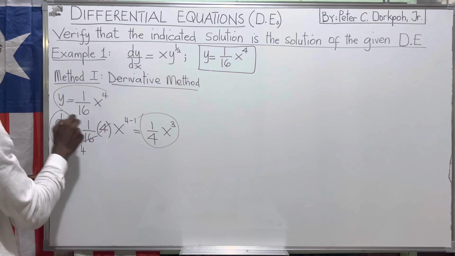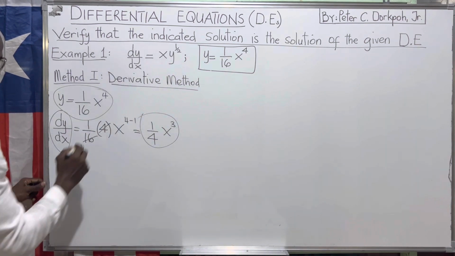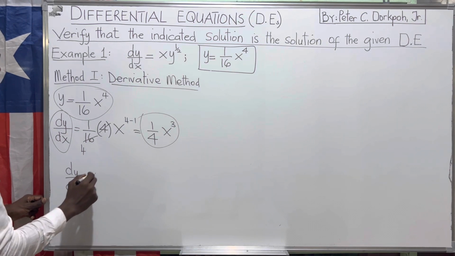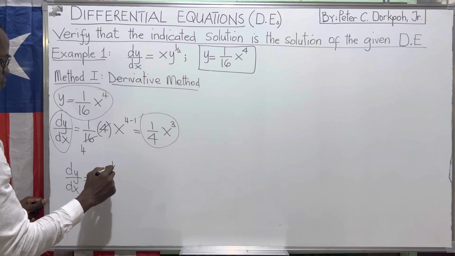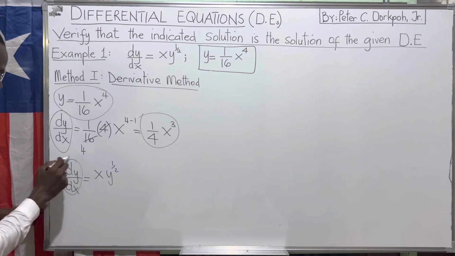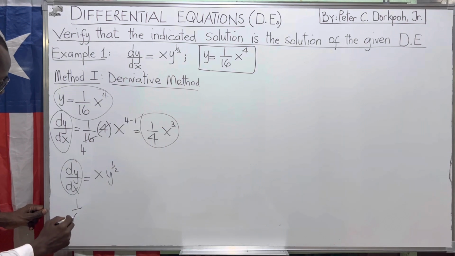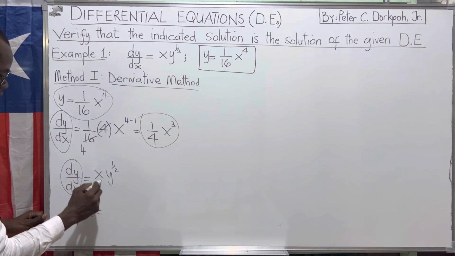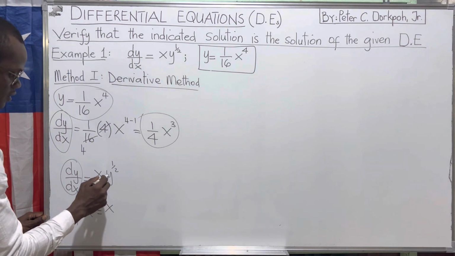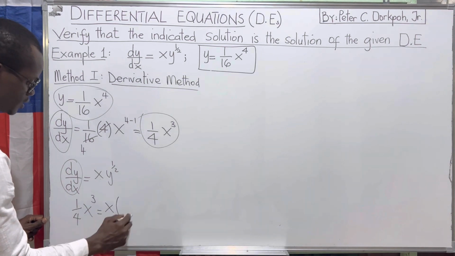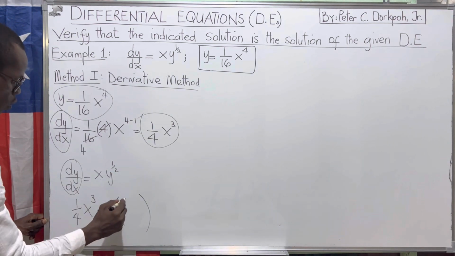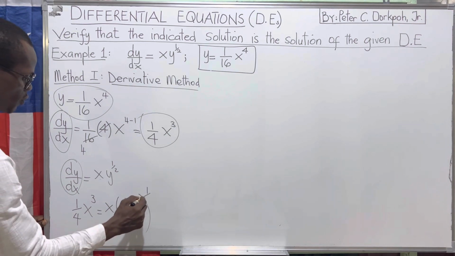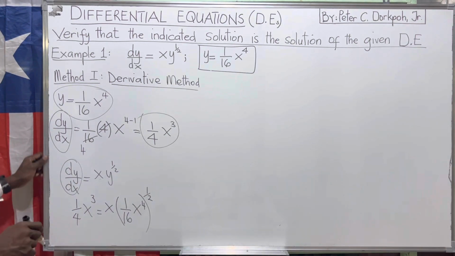And then our y is equal to this expression, so we're going to replace. Now we have dy by dx equals x times y raised to the power 1 over 2. So this expression is 1 over 4 x raised to the third power equals x times, and what is y? y is 1 over 16 x raised to the power 4, all raised to the power half.